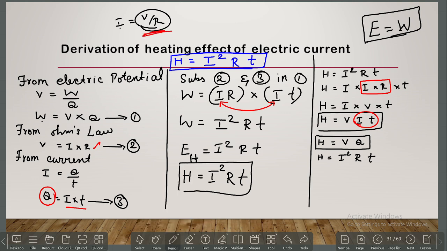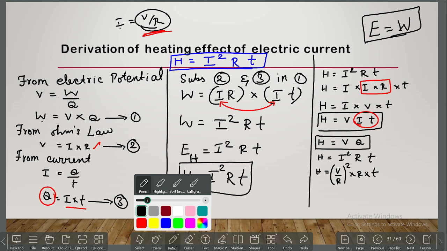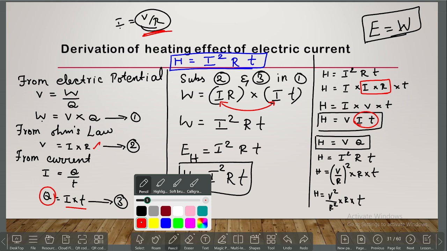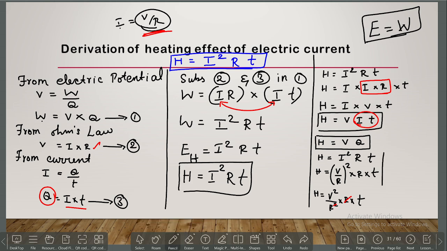Now H is equal to V by R the whole square into R into T. Now V square by R square into R into T. Here we can cancel R and then square alone. If I cancel the two elements, what remains? H is equal to V square by R into T. So this is the third formula we are going to use.